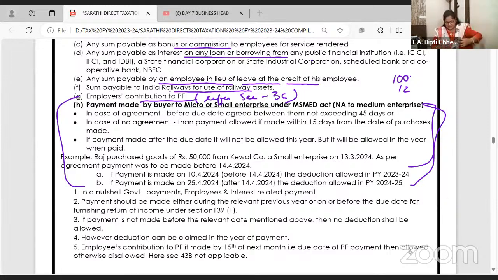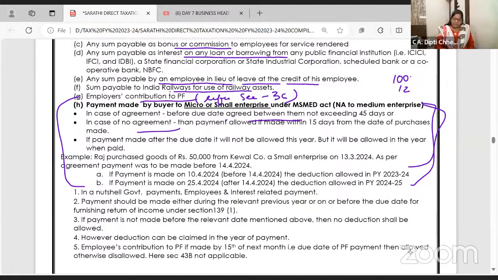And what it says is that any time you are purchasing from a micro or small enterprise, not medium, micro and small enterprise, and if there is an agreement, then before the due date agreed between them, not exceeding 45 days, you should make the payment.